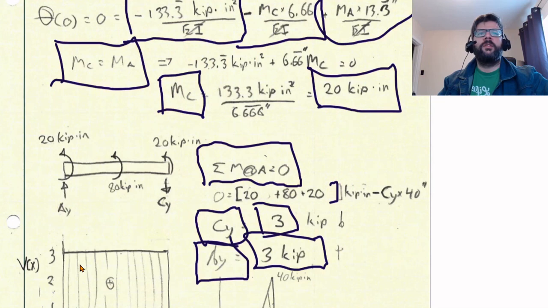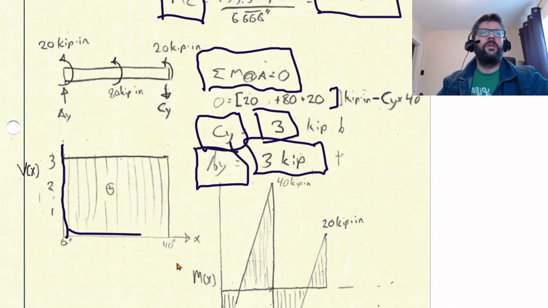So here is our shear diagram. And then we can find our moment diagram. So again, our endpoints here are just based upon the moments applied at the reactions.